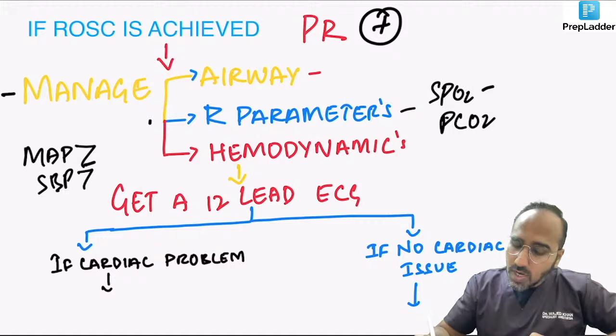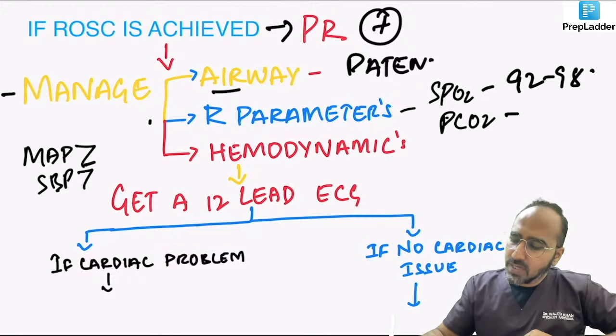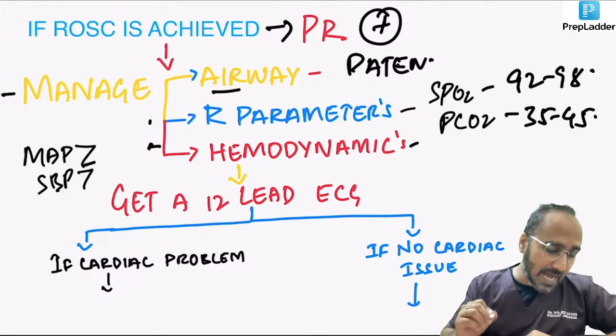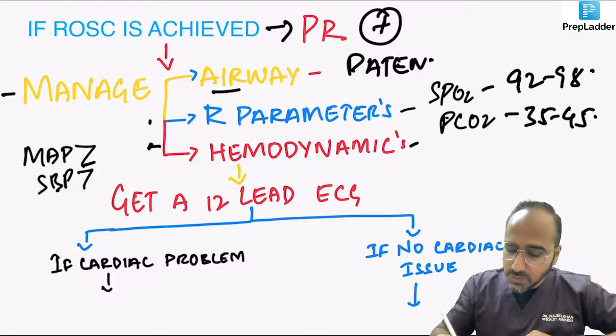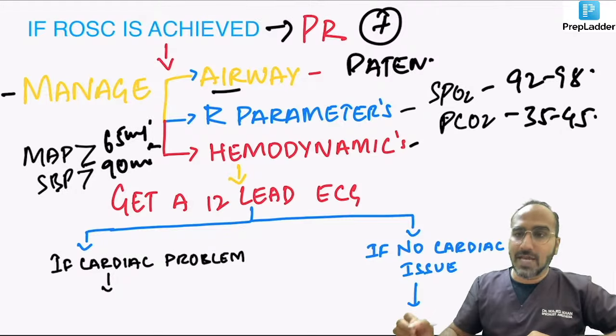So once ROSC is achieved and the pulse is present, I will manage the airway and the respiratory parameters: saturation 92 to 98%, PCO2 35 to 45. Then hemodynamics: I have to maintain the MAP as well as systolic BP. MAP should be more than or equal to 65, and systolic BP should be more than 90 mm of Hg.